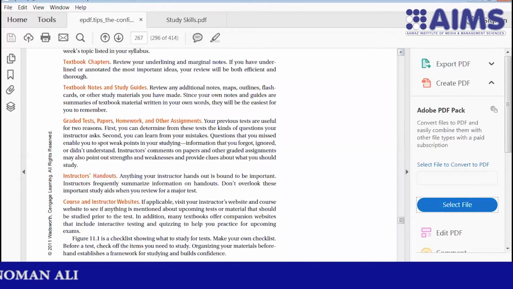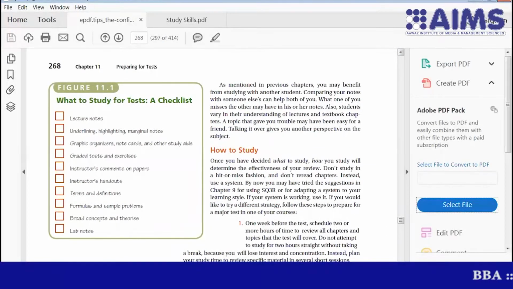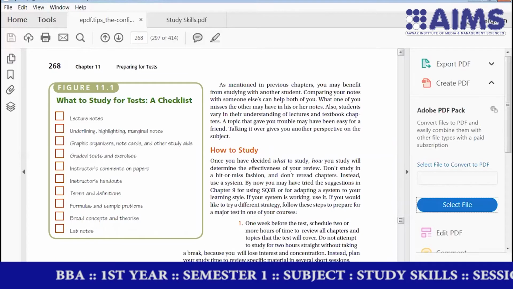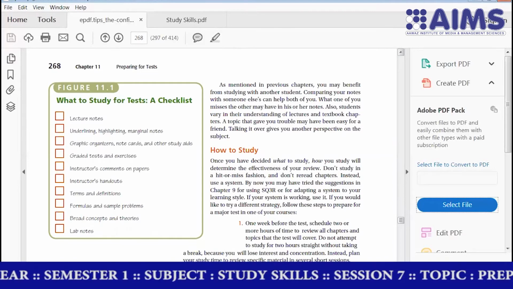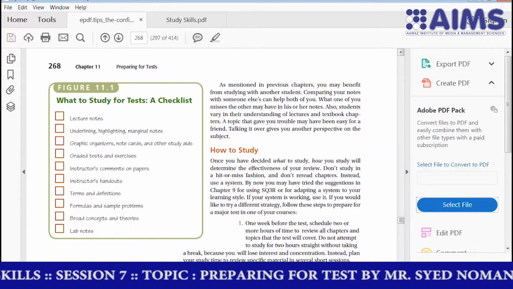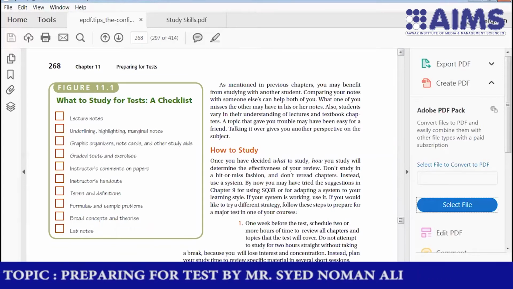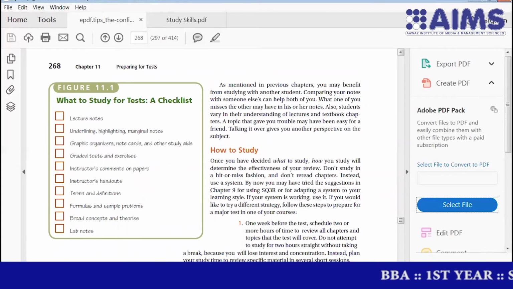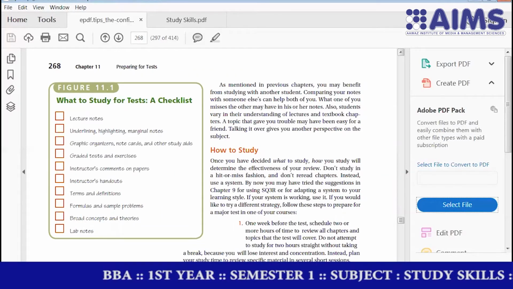So here is a checklist of what to study for the test: lecture notes, highlighted notes, tables and charts, tests written after checking, exercises and activities mentioned in the book, instructor comments on the paper, and also terms and definitions, formulas, broader concepts, and lab notes.